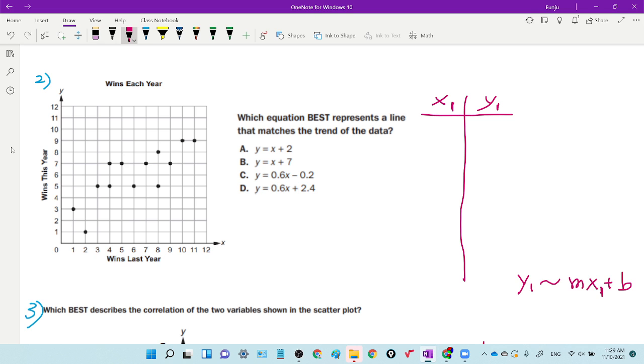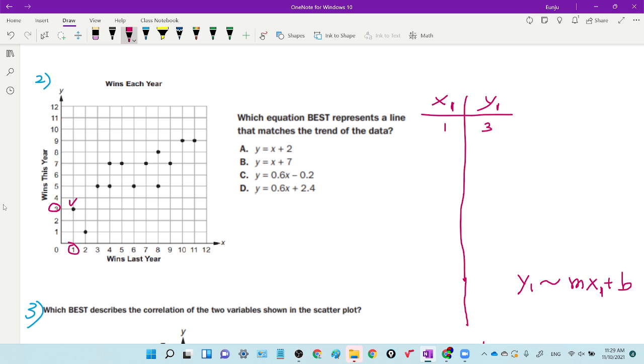So let's use ordered pairs, and I'm going to use all of the points. I'm going to make the whole table here so we can all type it on Desmos together, okay? I will start from left to right and bottom to top. The first ordered pair is 1 and 3, right? So this point, 1 and 3.